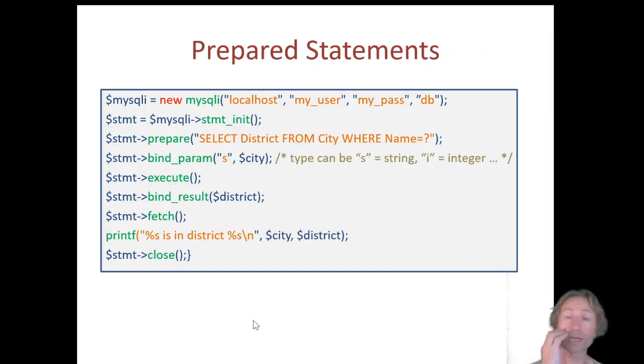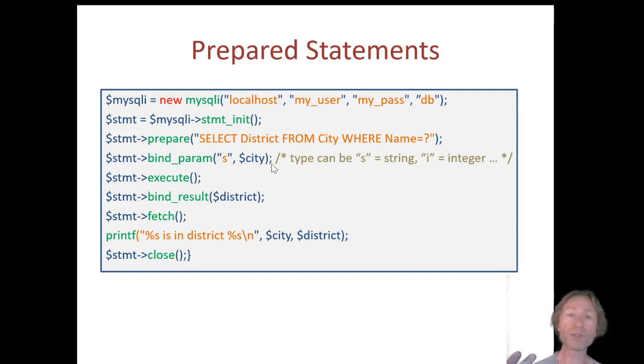So let us also look at a prepared statement. In this case, we're going to look for a district corresponding to a city. So maybe this is in a country where you have cities and districts, and the idea is that we query the database. We prepare a statement to select the district from a city, and the name has to match. So this statement is now prepared. There's no modifying this anymore. It binds a parameter to it that is provided by the user.